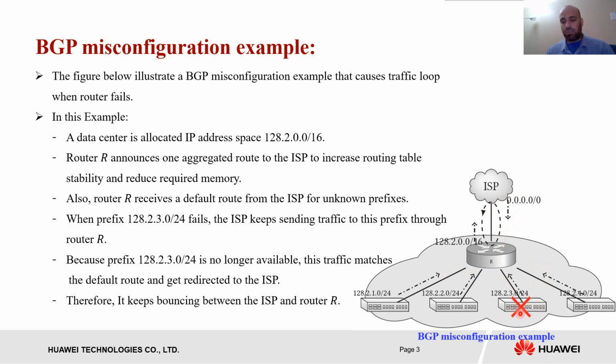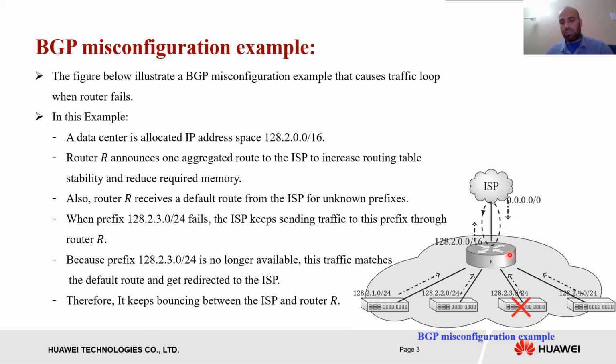If one of these subnetworks fails, the gateway router keeps aggregating all prefixes into one prefix, as we can see here. Therefore, the ISP will keep forwarding traffic for this failed network through the gateway, but the gateway router won't be able to find a route for this traffic, so it will bounce it back using the default route coming from the ISP, and the ISP will keep forwarding it again to the gateway, and the traffic will keep bouncing between the ISP and the gateway router.